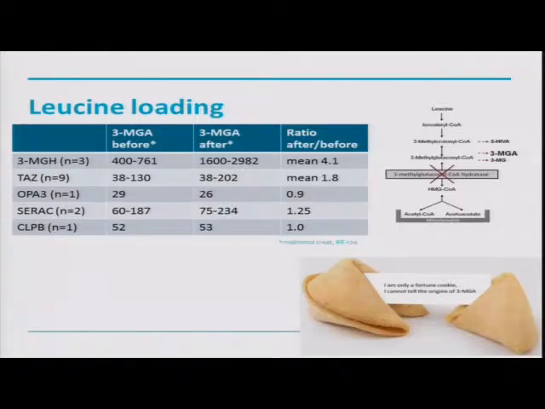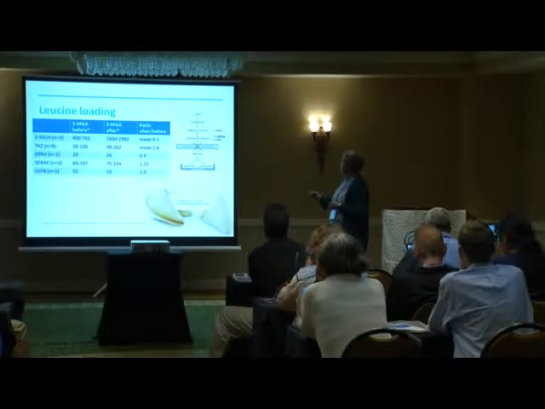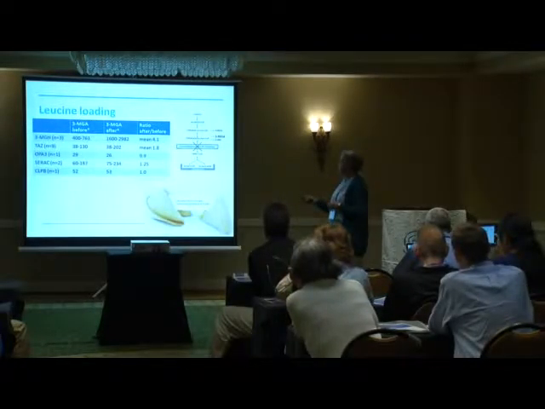This leucine pathway plays a role in the type which I already showed you, and I investigated in all the other types whether it could stem from the leucine catabolism, and this is not the case.